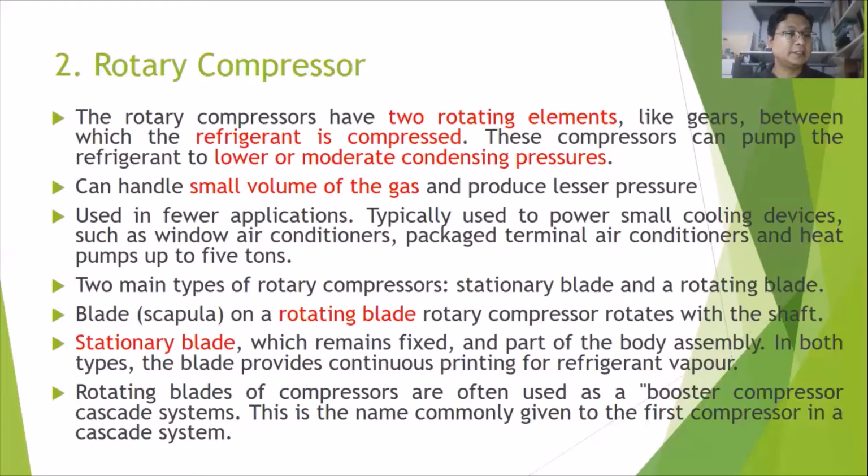And the stationary blade remains fixed and is part of the body assembly. In both types, the blade provides continuous pumping for refrigerant vapor. And the last one, rotating blade compressors are often used as a booster compressor in the cascade system. This is the name commonly given to the first compressor in a cascade system.